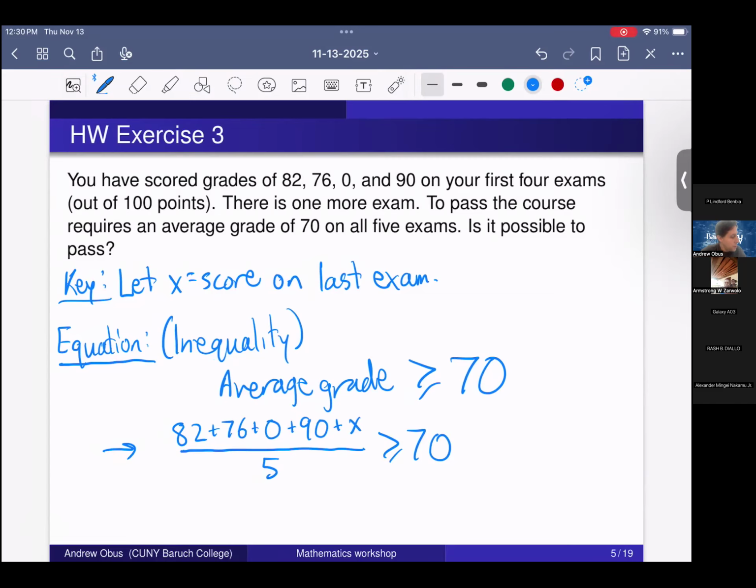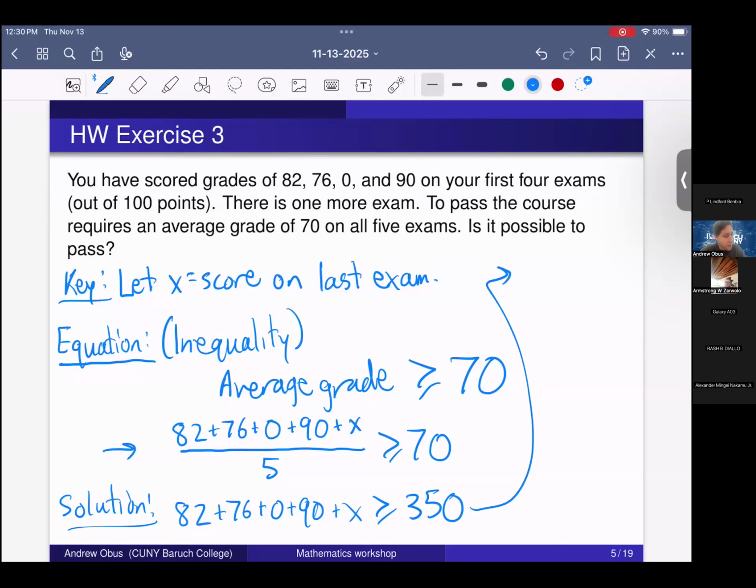Okay, so the solution, this is pretty easy to solve, right? I just multiply both sides by 5. I have 82 plus 76 plus 0 plus 90 plus x should be greater than or equal to 5 times 70, which is 350. Let's just finish this on this page because this one is pretty easy. 82 plus 76 is 158, plus 0 is still 158, and then plus 90 is 248.